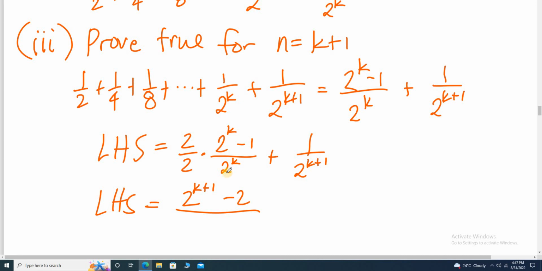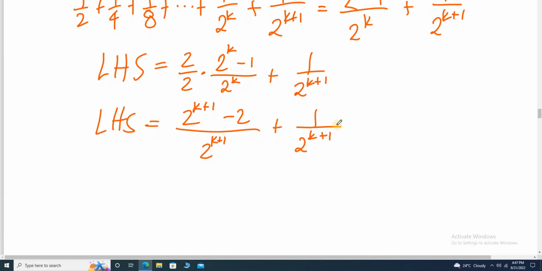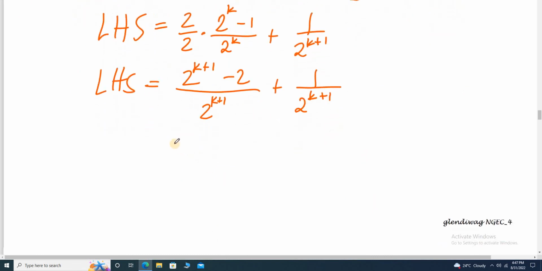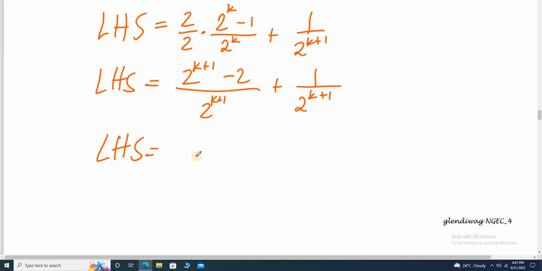Over 2 times 2 raised to k, so copy the base, and then add the exponent, k plus 1, plus 1 over 2 raised to k plus 1. My denominator is now the same. I can simply copy my denominator and combine my numerator. So that's denominator 2 raised to k plus 1. They are the same. Copy it and then combine my numerator.